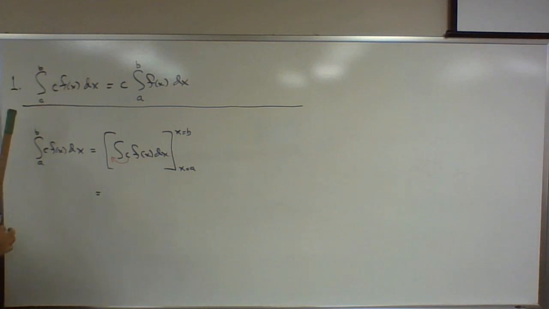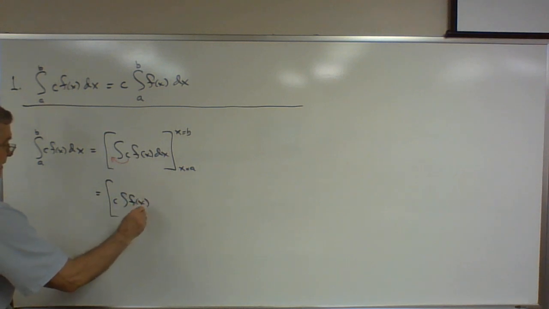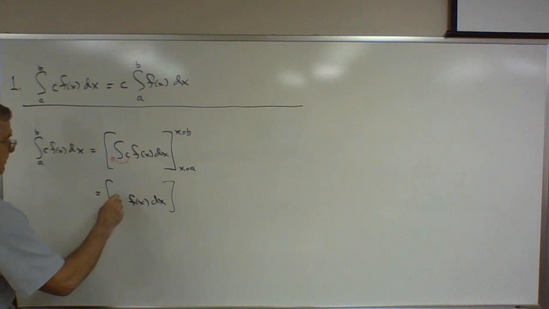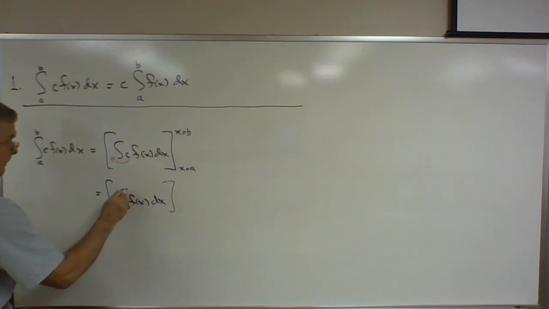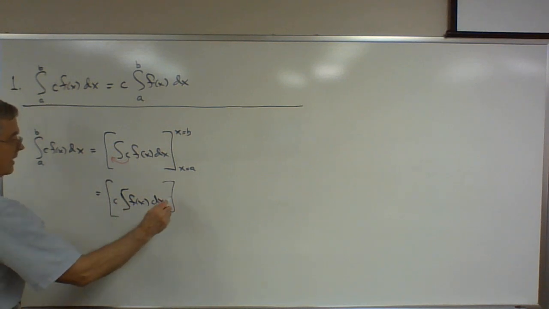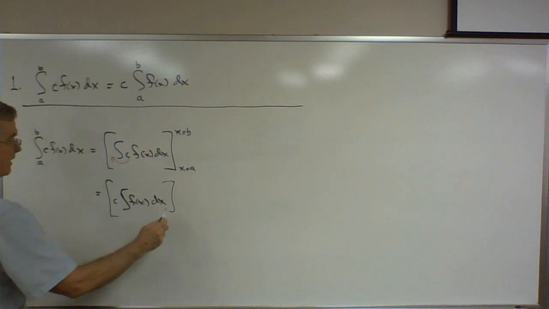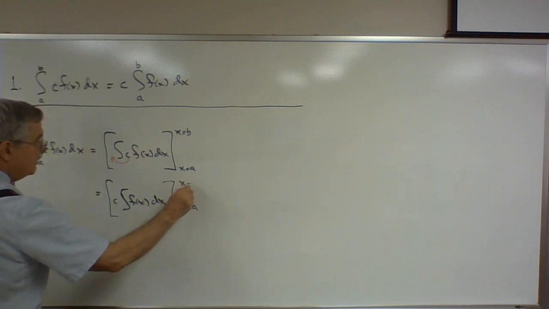So this becomes c times the antiderivative of f of x dx. That's a horrible integral sign. There, that's even worse. Oh well. This is the constant times the antiderivative of f of x dx from x equal a to x equal b.